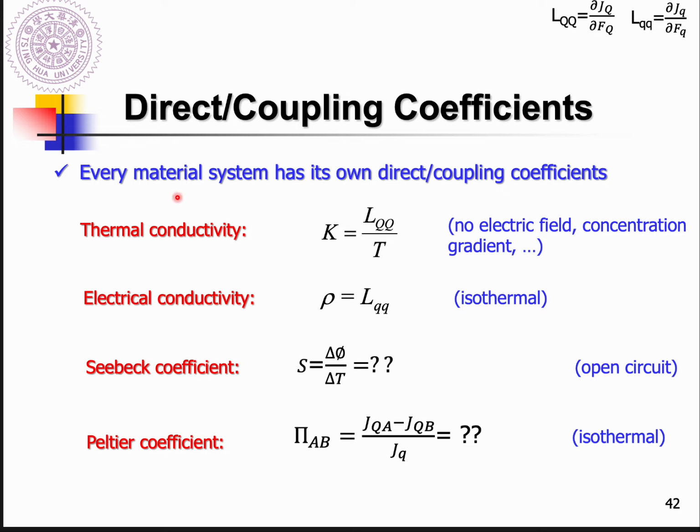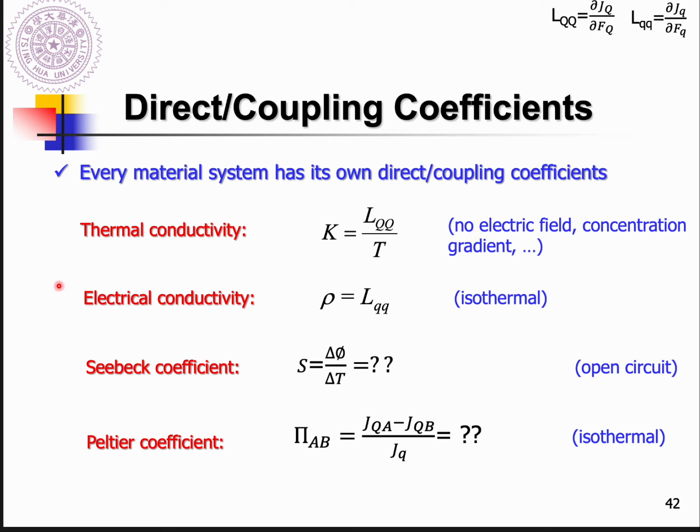And every material has its own direct and coupling coefficients because every material has its own properties. So now we are going to show you how these four material properties relate to the direct and coupling coefficients.